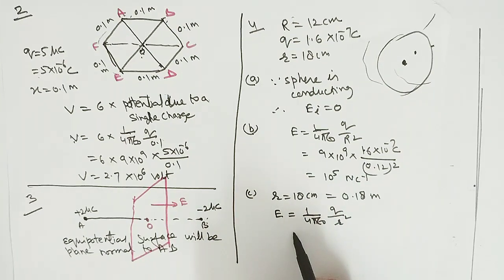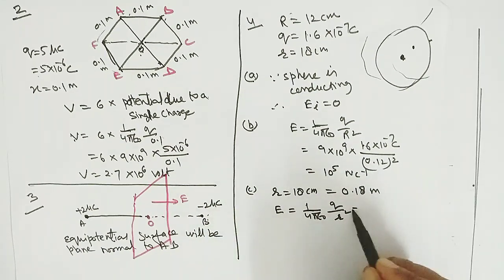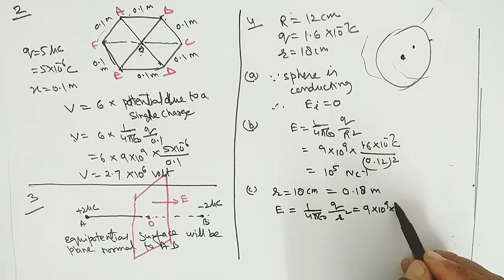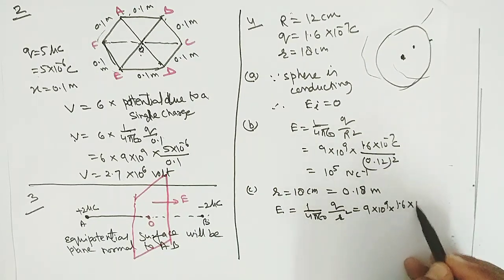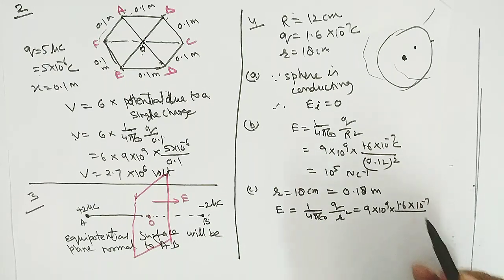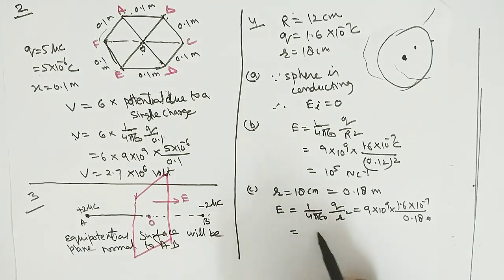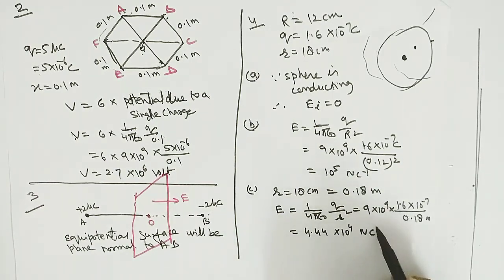Now put the values and find the answer. So it is 9 into 10 to power 9, Q is the same value, 1.6 into 10 to power minus 7 coulomb, and the R is 0.18 meter. When you simplify it, this answer is 4.44 into 10 to power 4 Newton per coulomb.